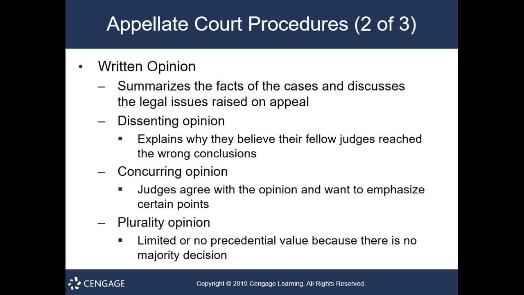And there can also be what's called a plurality opinion. That has limited or maybe no precedential value because there's no majority decision. It would be sort of like a 4-4 split in a 9-justice court with one justice perhaps abstaining, and so you have a tie, more or less.